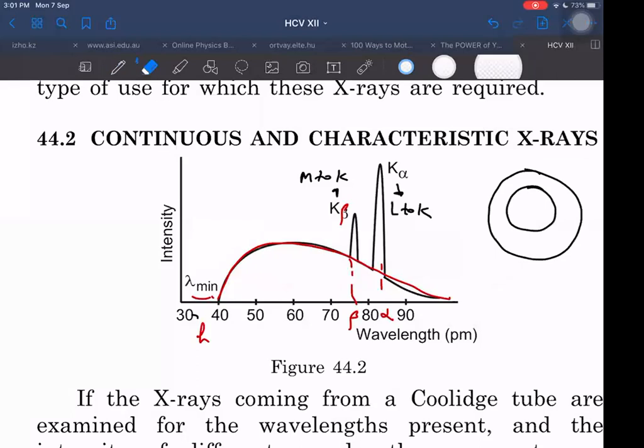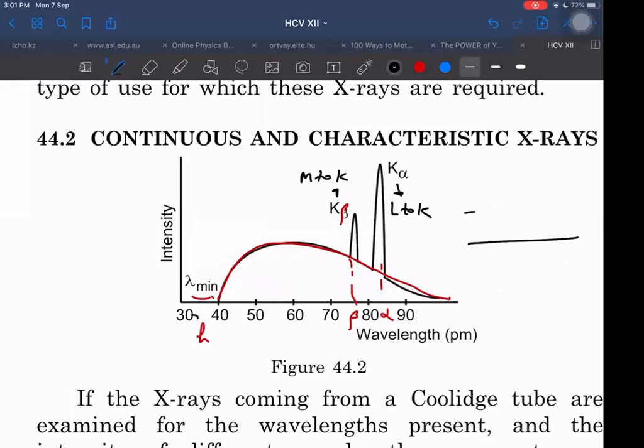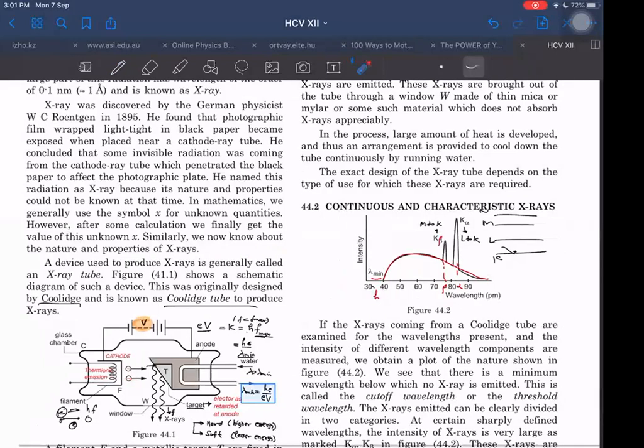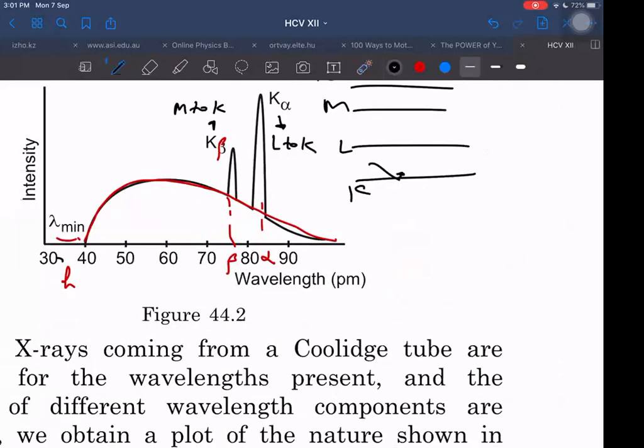Let me repeat again if I lost something. There are several shells K, L, M, N. When the electron coming from the cathode hits the K shell electron of the target atom, it makes the K shell electron jump to infinity. Then an L shell electron will come to fill up the vacancy of the K shell.